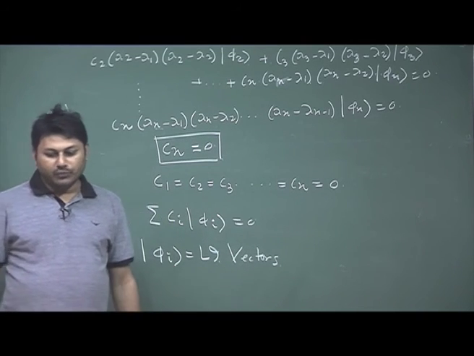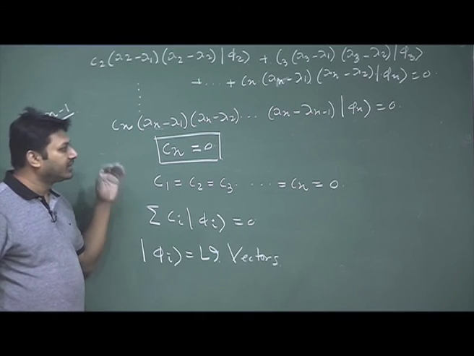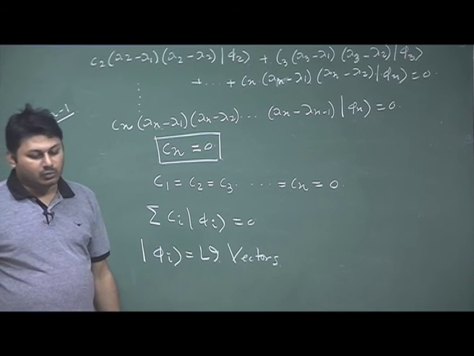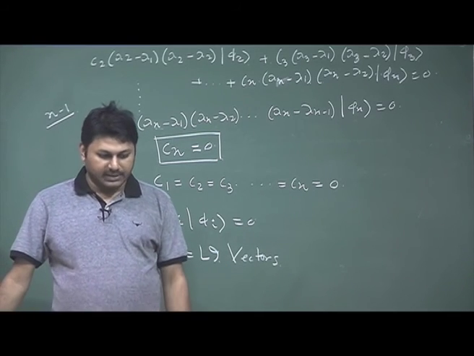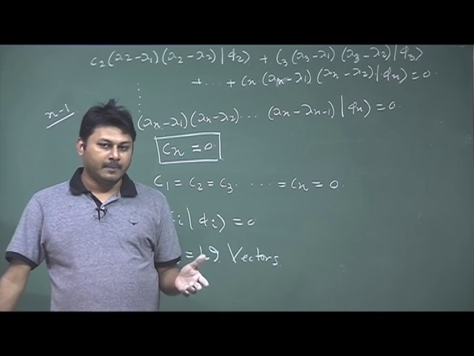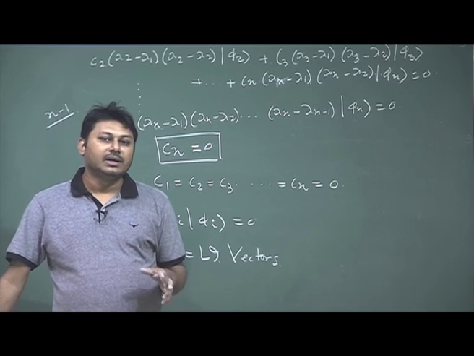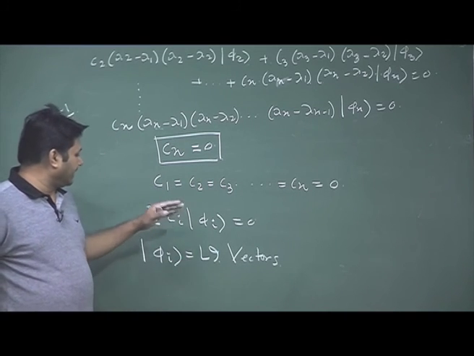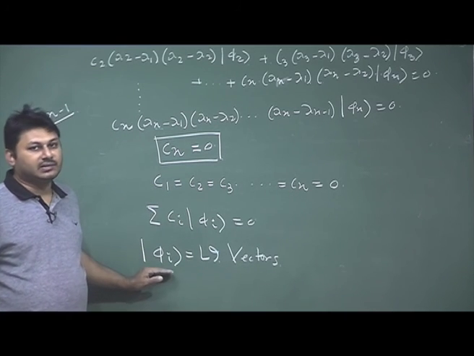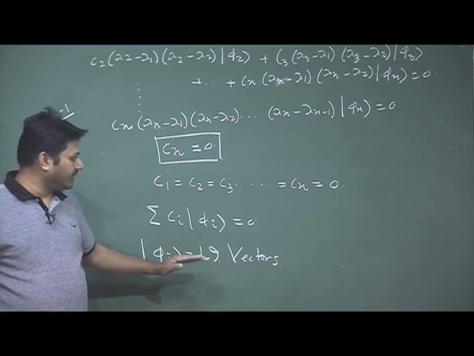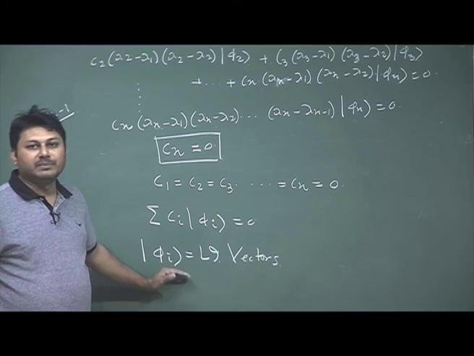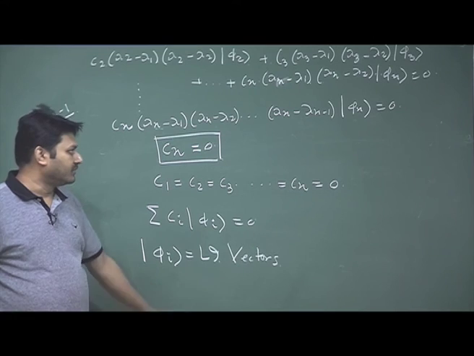So with this proof, it is a very important concept. We know that if a matrix has eigenvalues which are distinct, not the same as each other, then the corresponding eigenvectors are linearly independent vectors.